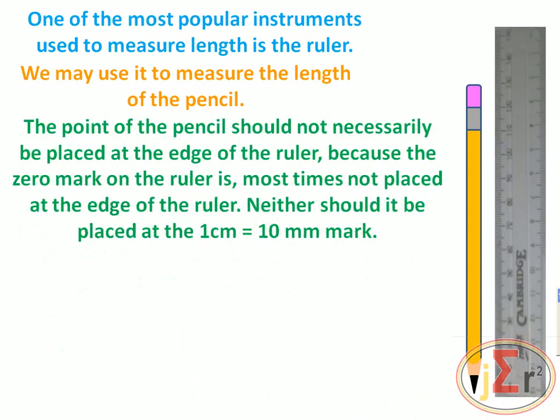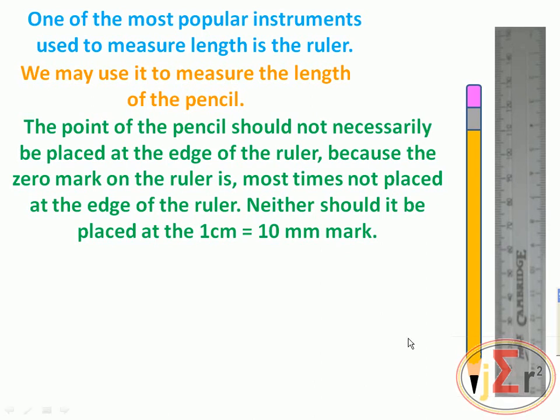The point of the pencil should not necessarily be placed at the edge of the ruler, because the zero mark on the ruler is most times not placed at the edge of the ruler. Neither should it be placed at the 1 centimeter or the 10 millimeter mark. So let us see what that means.